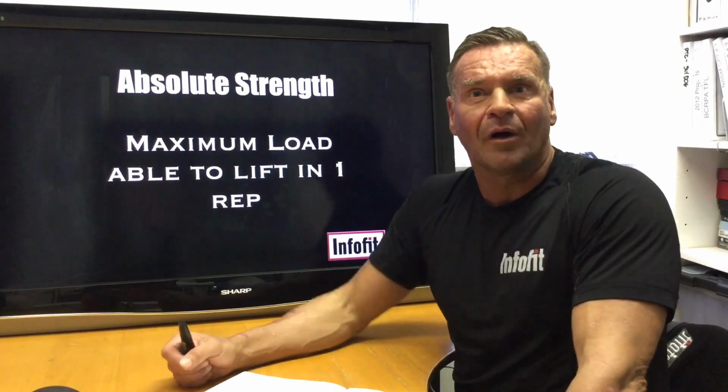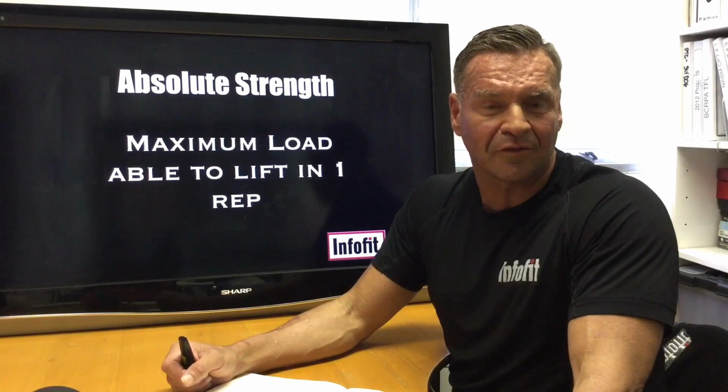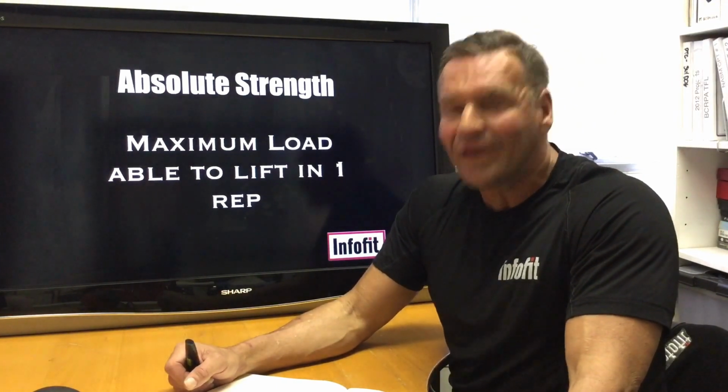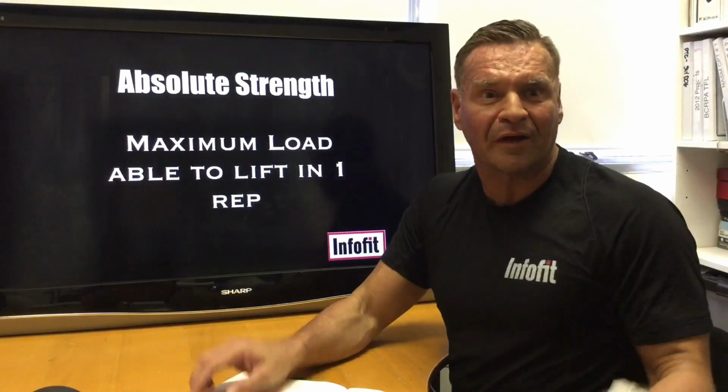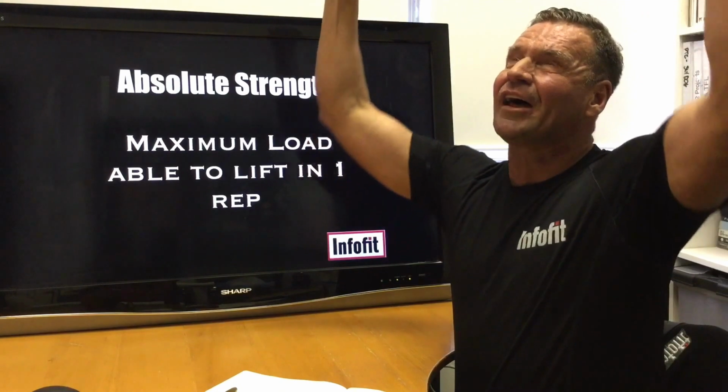Absolute strength. Well, the absolute strength is 100% of a weight that you can push only once. In other words, let me rephrase that: the amount of weight that you can push only once. Let's say you do a shoulder press, and I take a 50-pound dumbbell, and I struggle, but I still have good form, and I can bring it down.